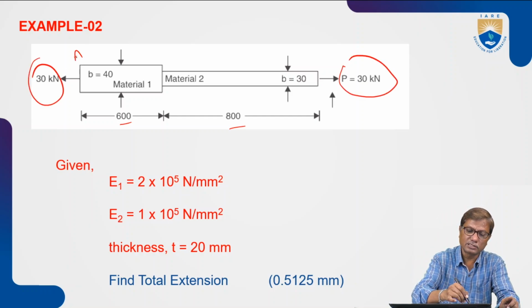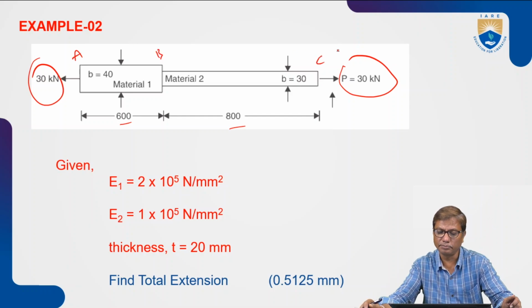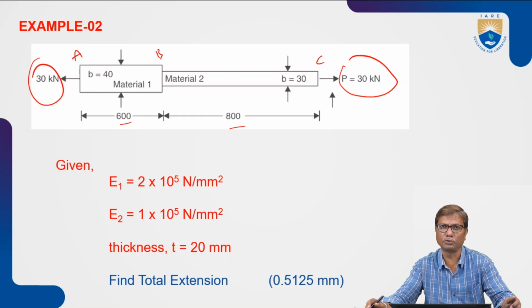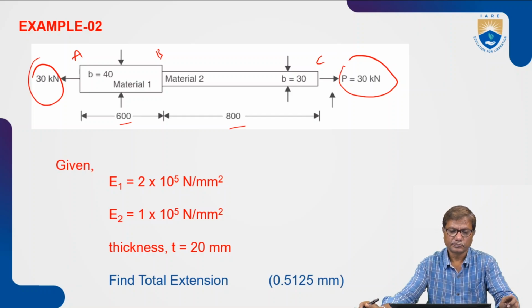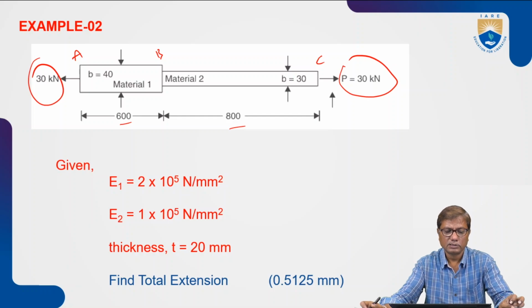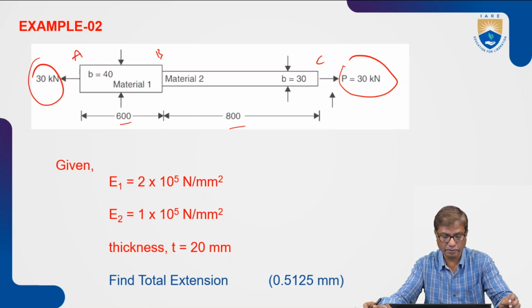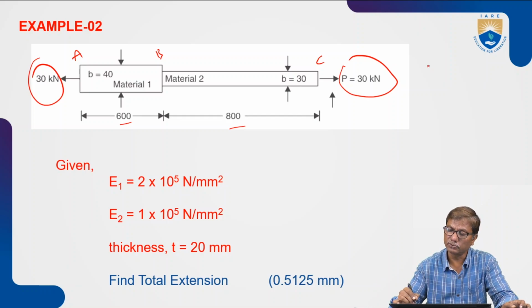So we can consider this as AB and BC, two different portions and two different materials. So it is not circular, actually it is of rectangular section.